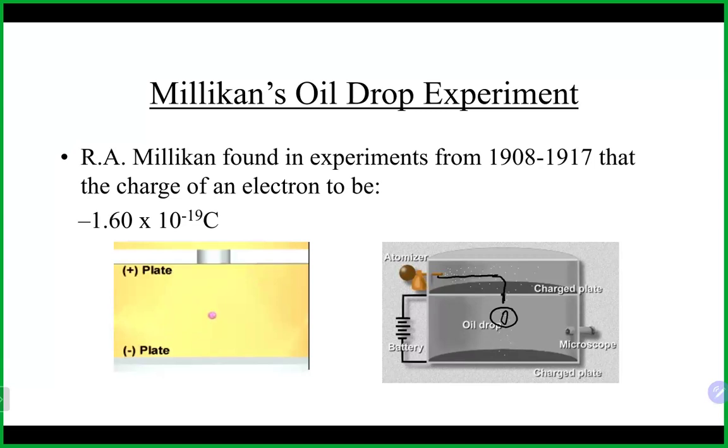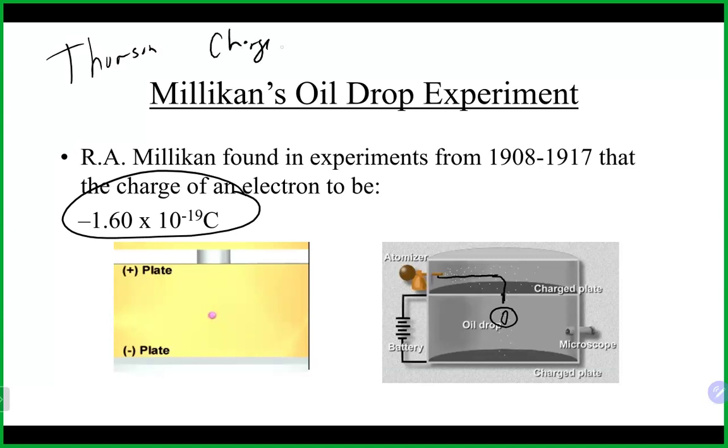So Millikan was able to determine the charge of an electron, which is minus 1.6 times 10 to the minus 19. So these two experiments were really important for the electron. We have Thomson, who figured out the charge to mass of an electron. We have Millikan, who figured out the charge of an electron.